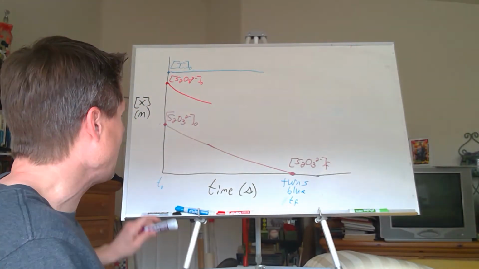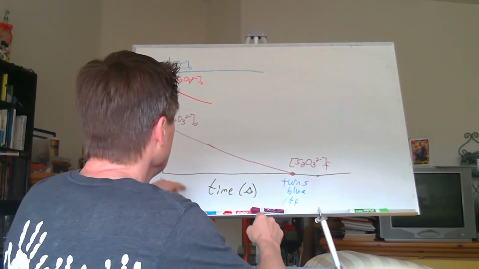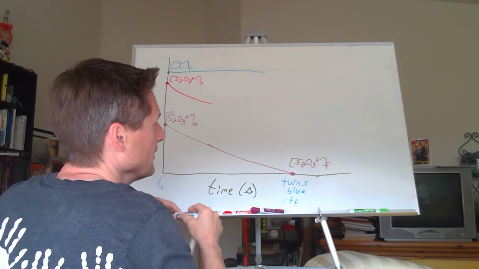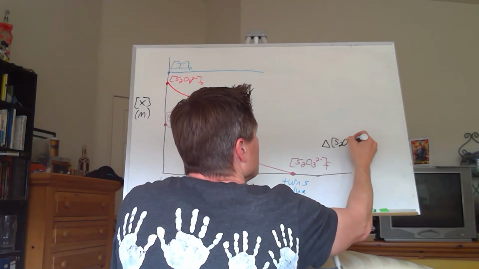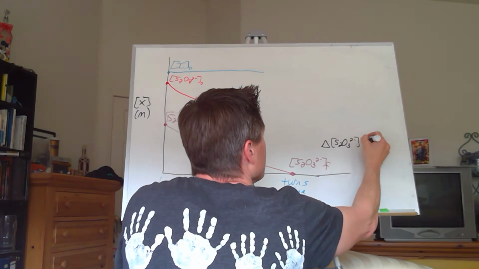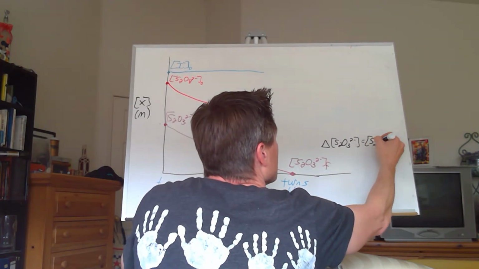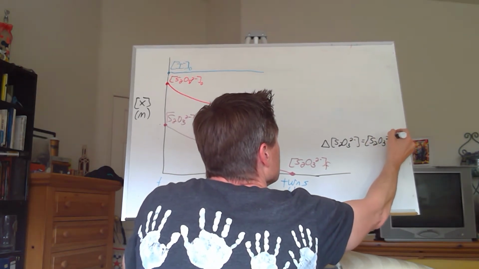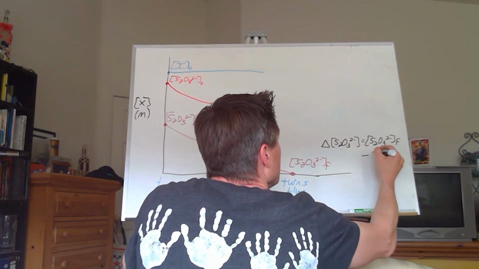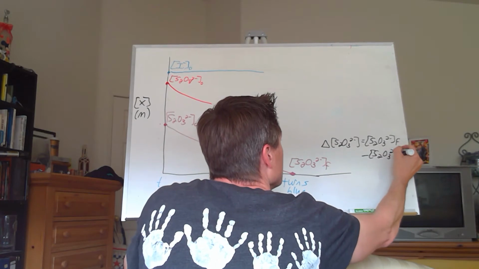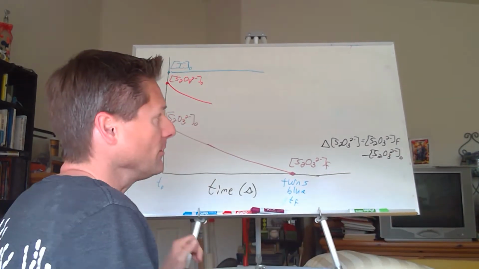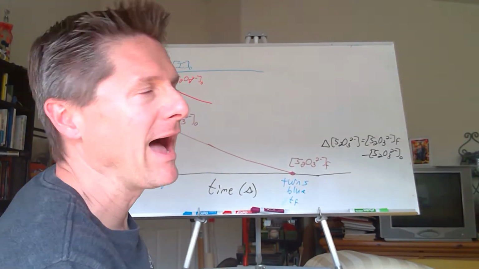So we could easily calculate the change in this, right? So the change in the thiosulfate will just be the final S2O3 2- minus the initial S2O3 2-, right? Or that could be a sub-I there.